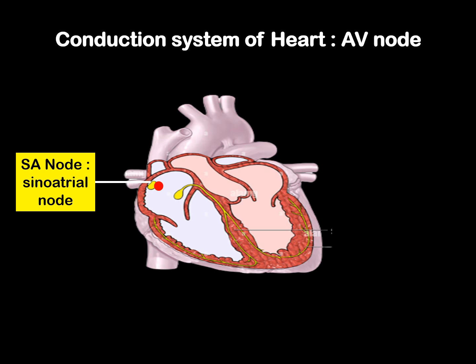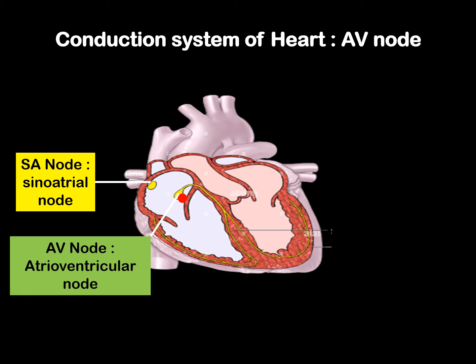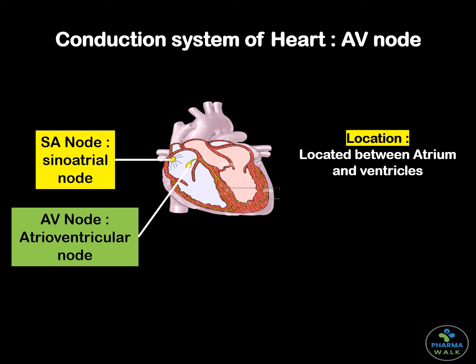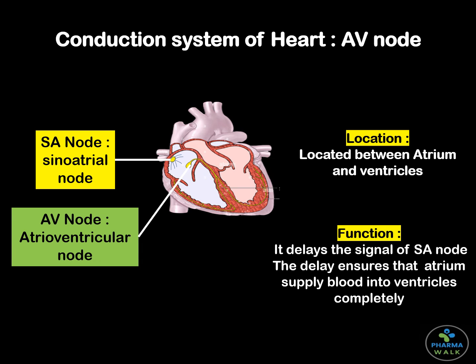Moving further, after generation of the electrical impulse by the SA node, that signal reaches another part that's called the AV node, the atrioventricular node. Now the name itself indicates it is located between the atrium and ventricle, and that's why it is called the atrioventricular node. AV node का काम क्या होता है? The AV node delays the signal of the SA node.